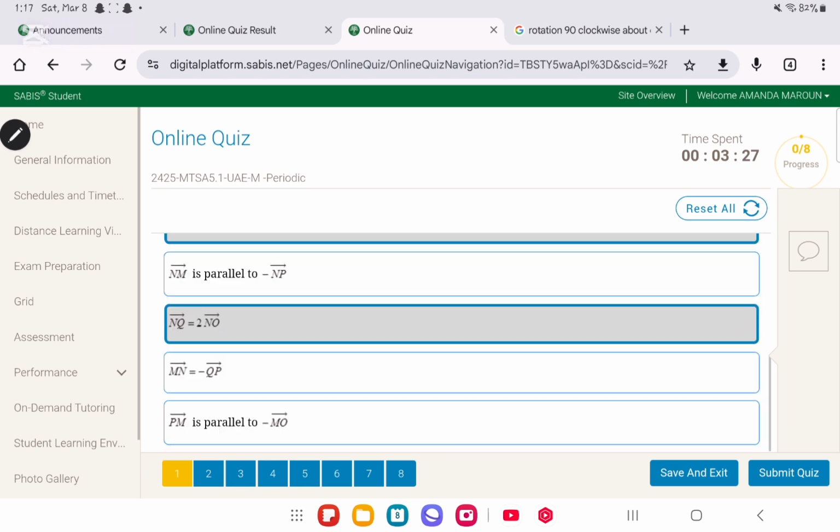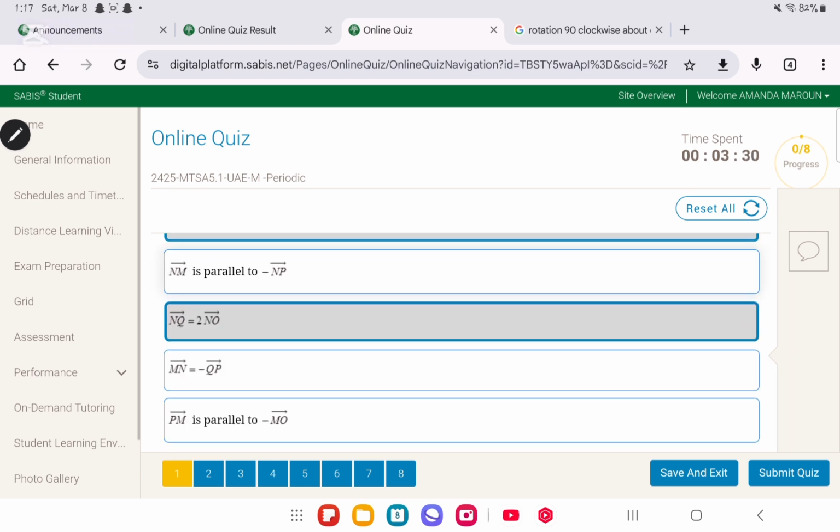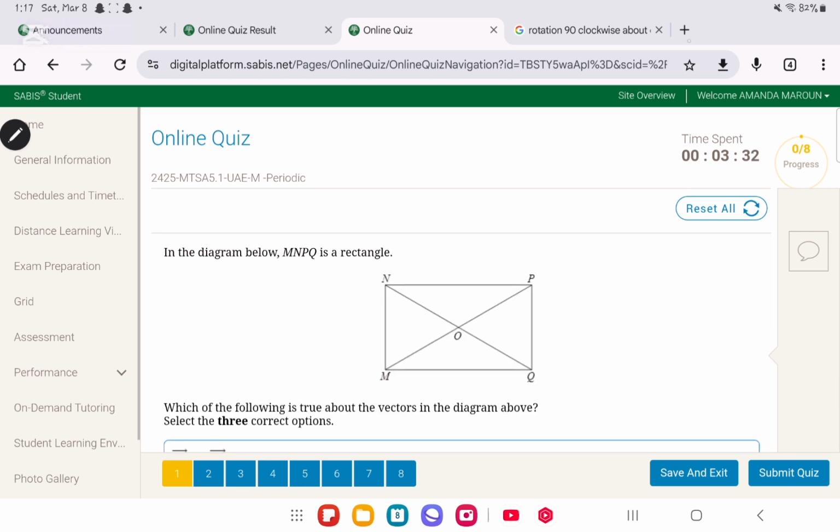Now, finally, they said PM is parallel to minus MO. So PM, which is like this, is parallel, they are saying, to minus MO. So MO looks like this. Minus MO would be going on the other side. Now, when you look at it, it's coincident. Coincident means they are two lines on top of each other. You cannot say collinear. Collinear is for points.